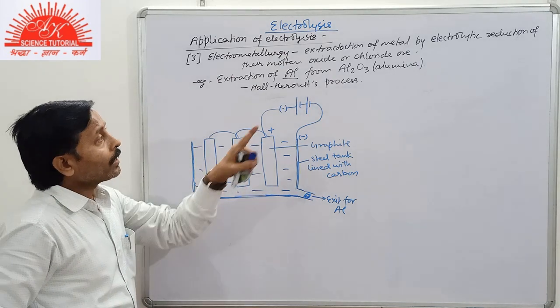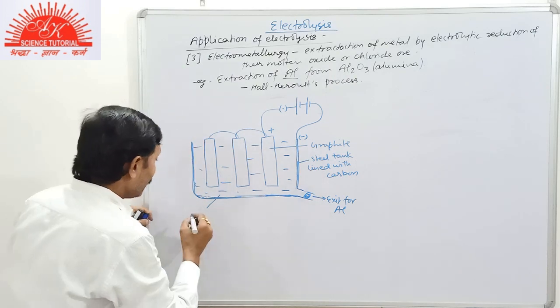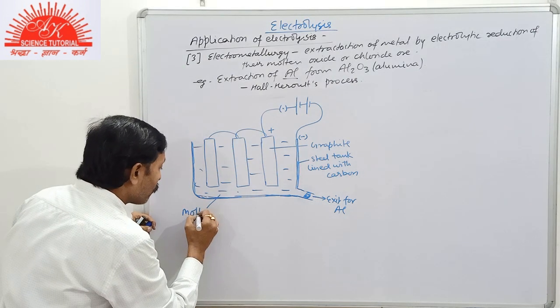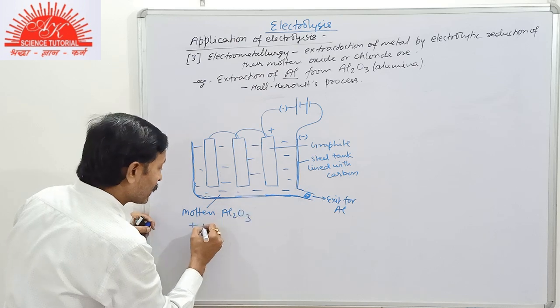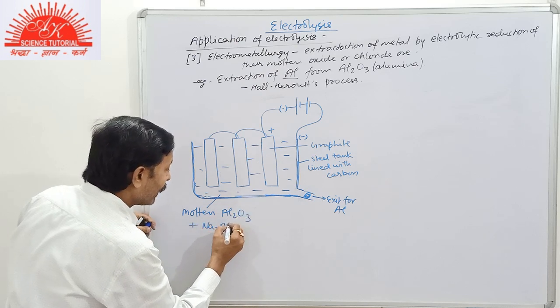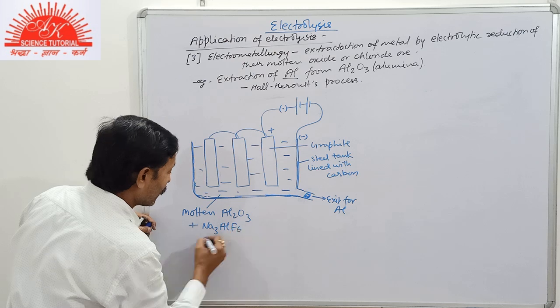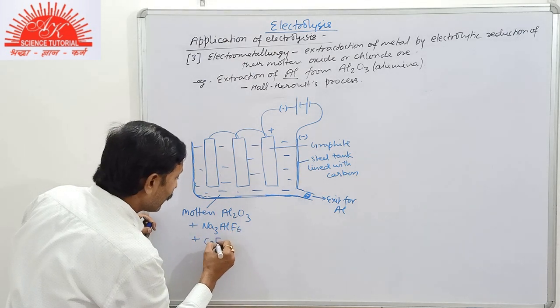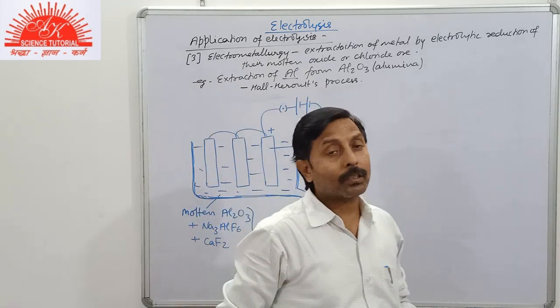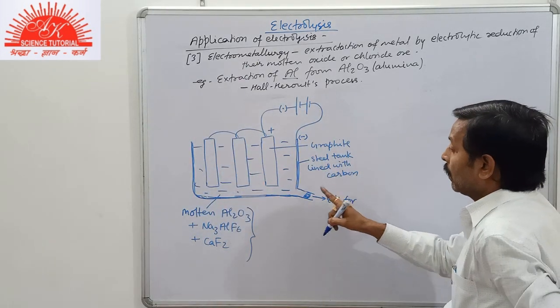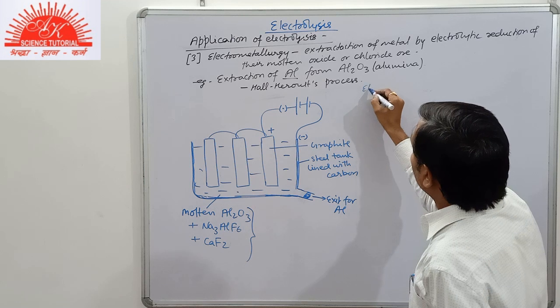The electrolyte is not only one substance, but a mixture of molten Al2O3 plus Na3AlF6 plus CaF2. That is, this mixture is used as the electrolyte, not simply a single one. So what are the electrolytes?